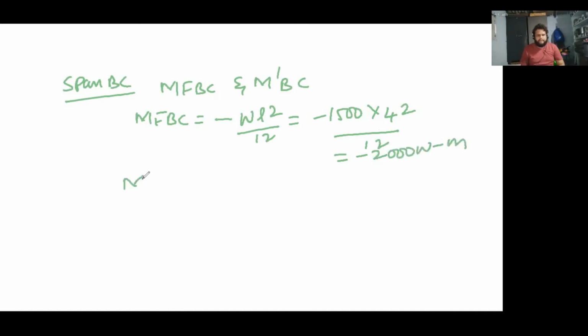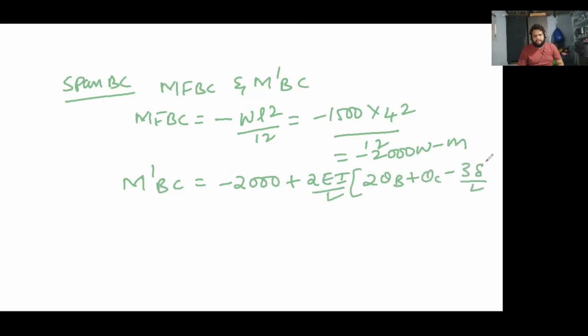Now I am writing the M dash BC slope deflection equation value. So what is MFBC? Minus 2000 plus 2EI by L into 2 theta B plus theta C minus 3 delta by L. Okay, now if you see here, this is the BC span.